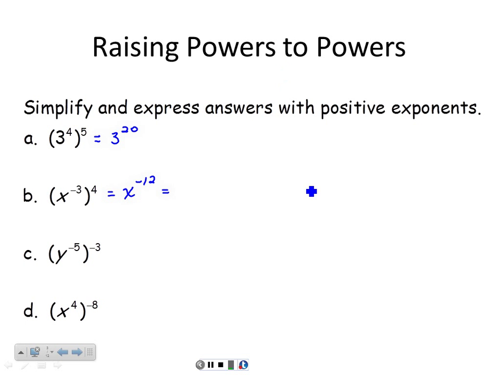And so we're going to have 1 over x to the 12th. For letter C, you have y to the negative 5th to the negative 3rd, so keep the same base. Negative 5 times negative 3 is going to be a positive 15. For letter D, you're going to get x to the negative 32, but we need positive exponents, so we're going to have 1 over x to the positive 32.